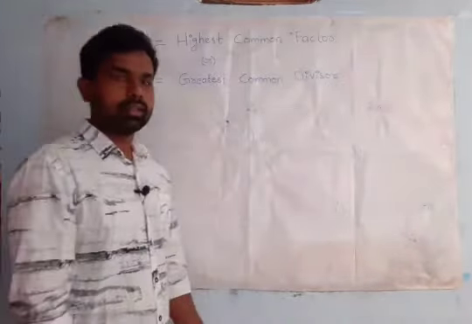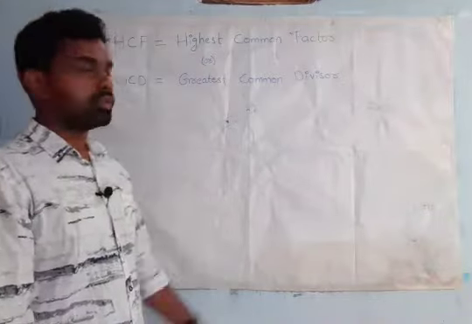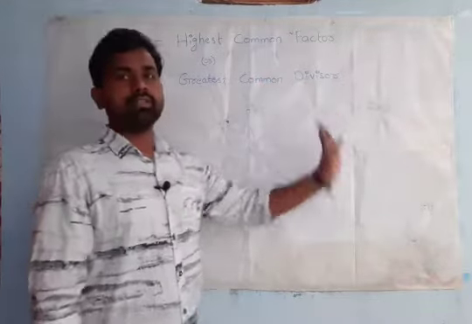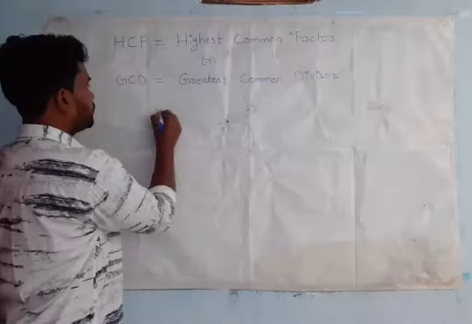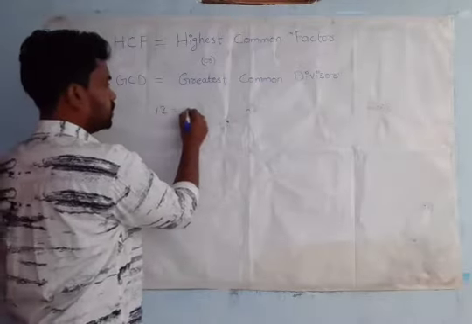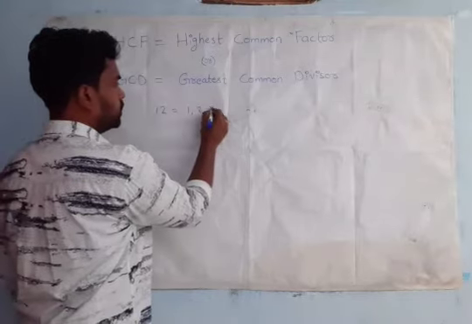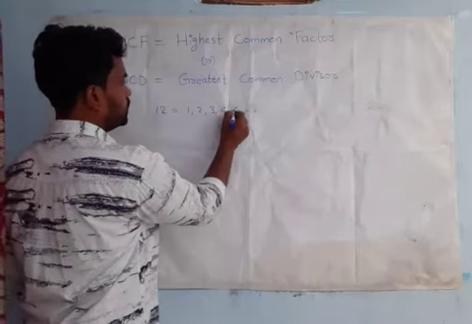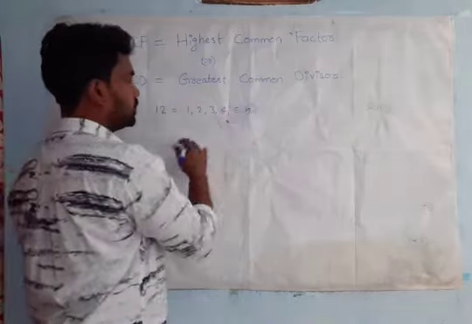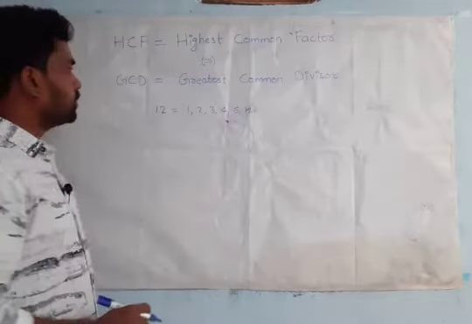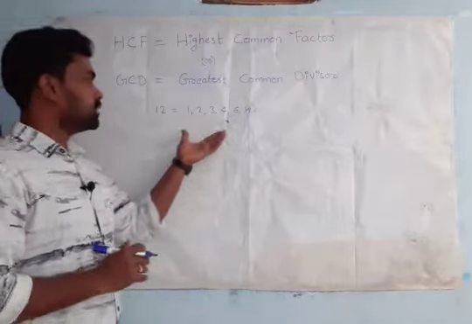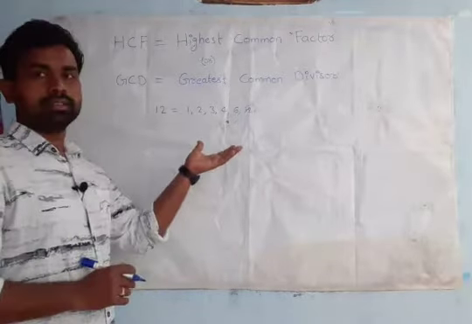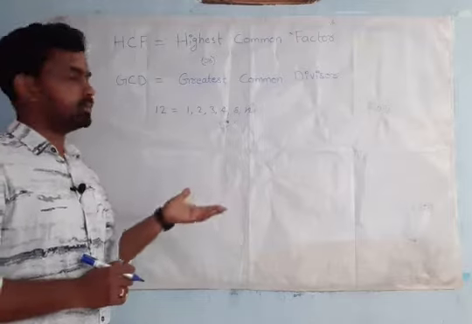So we can call them factors or we can call them divisors. For example, the factors of 12 are 1, 2, 3, 4, 6 and 12. These are the factors of 12. We can say these are the divisors of 12. Divisors and factors both are the same.